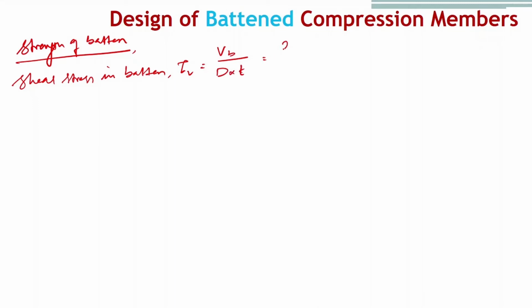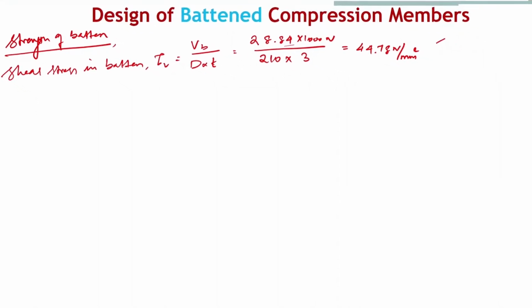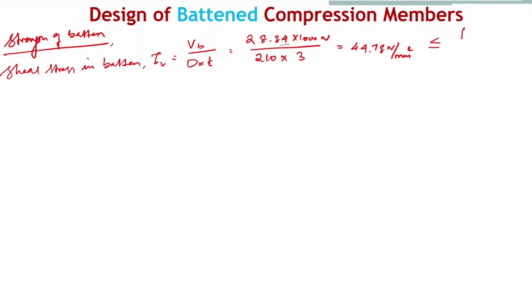So shear force is 28.84 into 1000 Newton upon depth of my batten, which is 210, into thickness of my batten, which is 3. This shear stress due to applied shear force is 44.78 Newton per mm square. We need to check if this shear is less than or equal to permissible shear Fy by root 3 upon gamma m0, then it is safe.